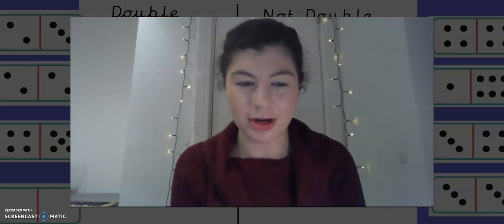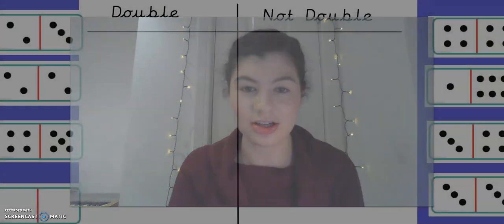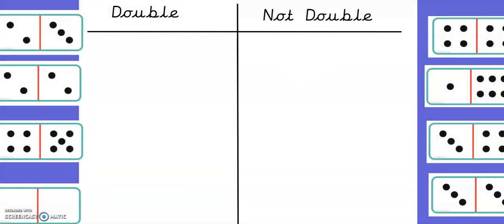So let's have a look on some dominoes to make it a little bit easier to understand. So I'm going to pop myself here. We have got a table here that says double and not double. And what we've got to do is sort these dominoes into the ones that have doubles on and the ones that don't have doubles on. Now remember, if it's a double, it means that the domino will have the same number of dots on both sides.